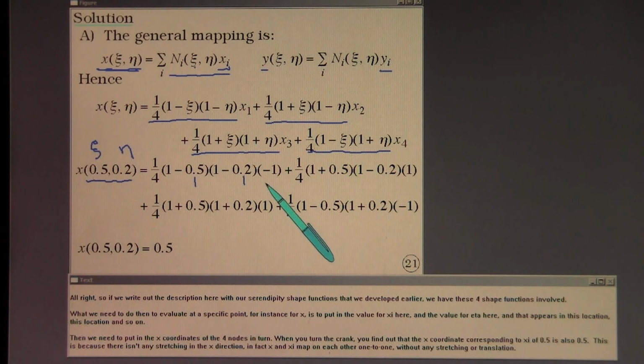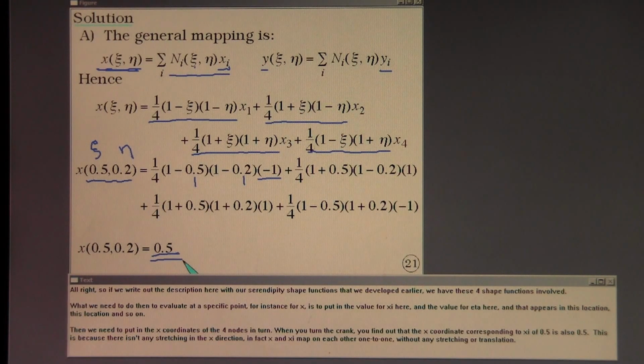Then we need to put in the x coordinates of the 4 nodes in turn. When you turn the crank, you find out that the x coordinate corresponding to Xi of 0.5 is also 0.5. This is because there isn't any stretching in the x direction. In fact, x and Xi map on each other one-to-one without any stretching or translation.